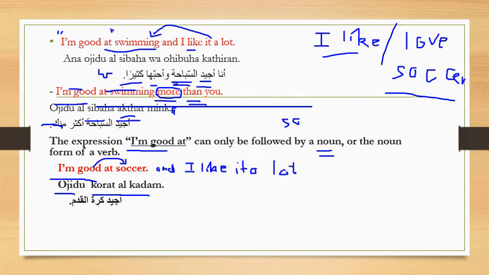It becomes, guys, أجيد كرة القدم, and like is أحب. It is ها or هو, but look at كرة القدم, it has تاء مربوطة, so you say أحبها كثيرا. So you can say أجيد كرة القدم وأحبها كثيرا.